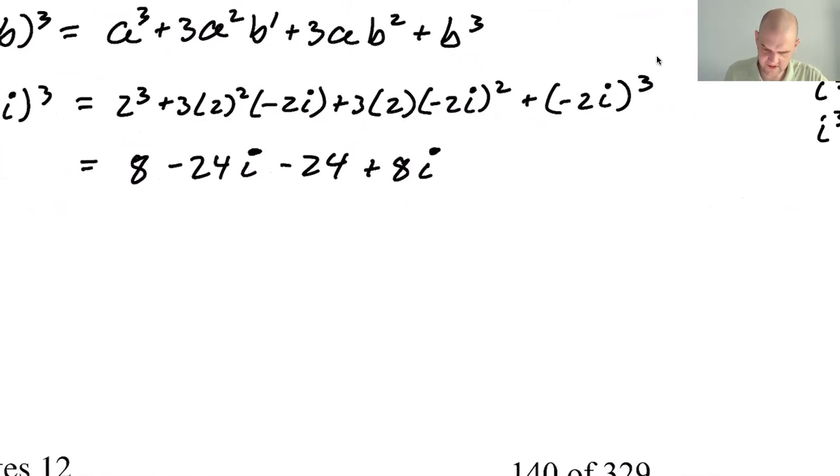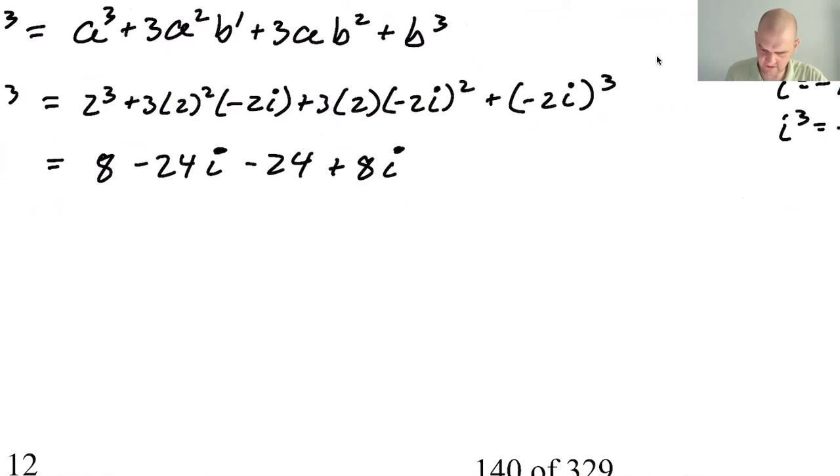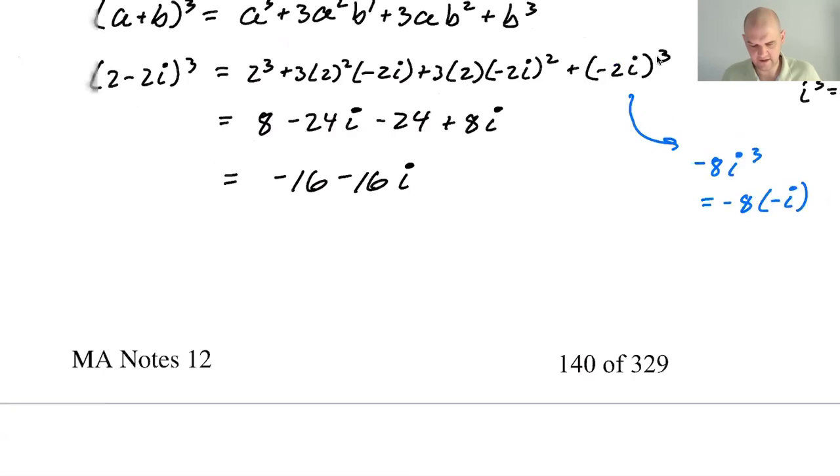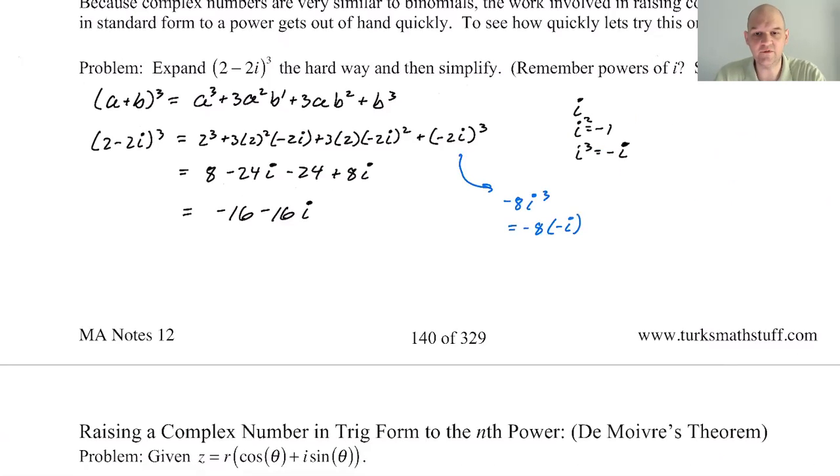If you haven't done that in a while, this is going to give me negative 8i cubed, which is negative 8 times negative i, which is positive 8i. And so overall, we have gotten negative 16 minus 16i. Now your calculator can do that without really thinking about it. So let me just make sure.